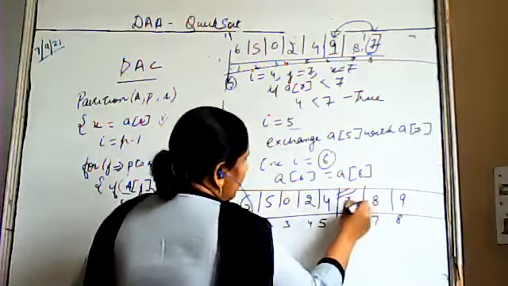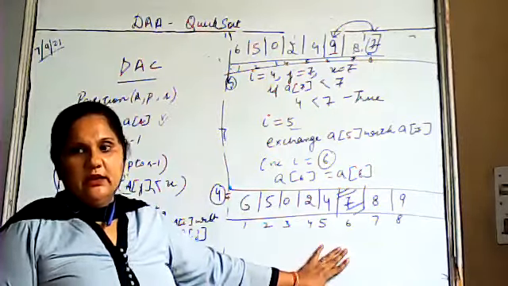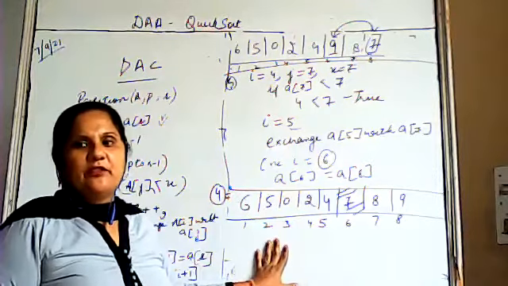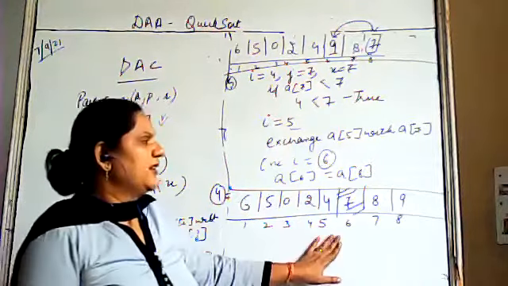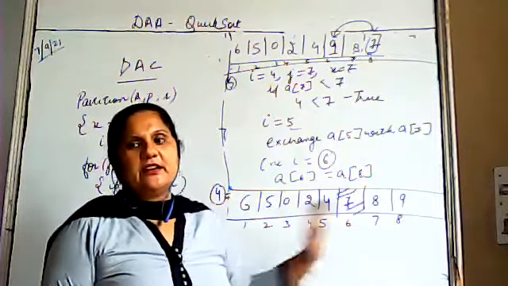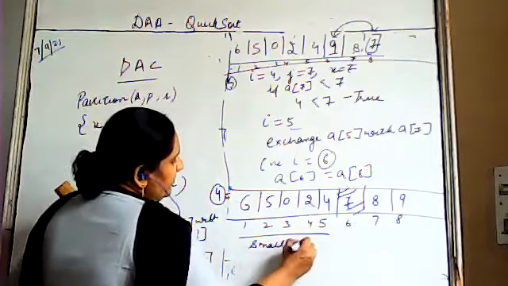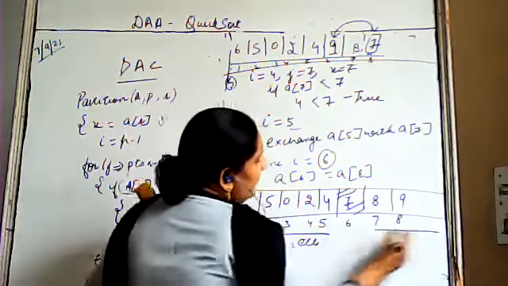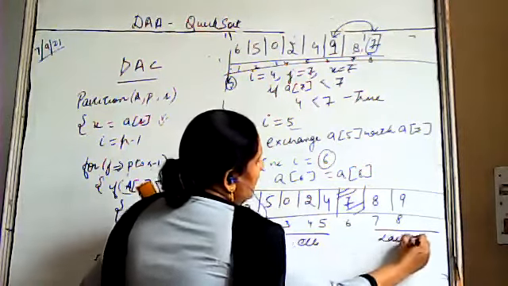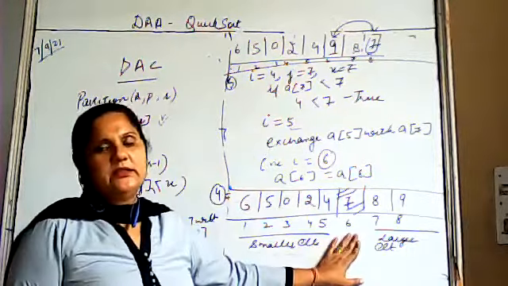Since this is my pivot element, that is 7, the elements towards the left of this pivot element are smaller than 7, whereas the elements after the 7 are greater than it. That means the left sublist will contain the smaller elements and the right side will contain the larger elements. That means the pivot position is fixed, that is 6.